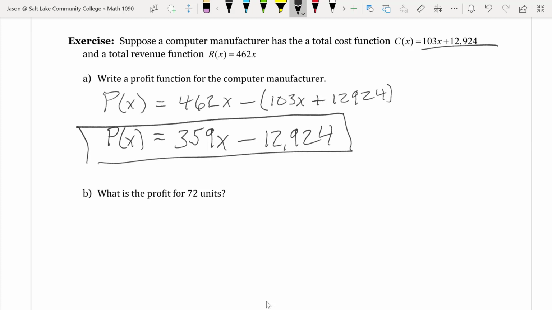What is the profit for 72 units? Okay, we just need to evaluate the profit function when the quantity x is 72. So P of 72, this is going to be 359 times 72 minus 12,924, which is 359 times 72.